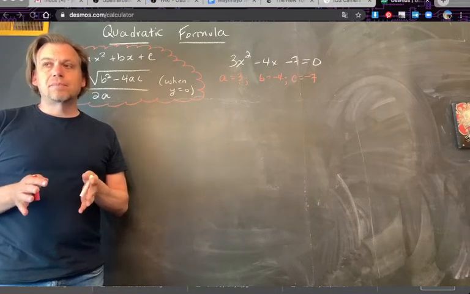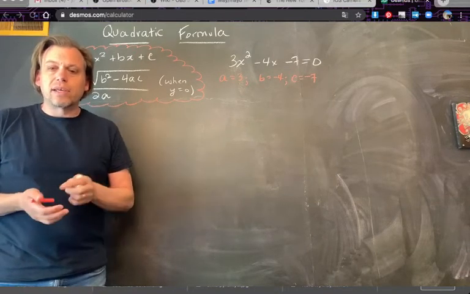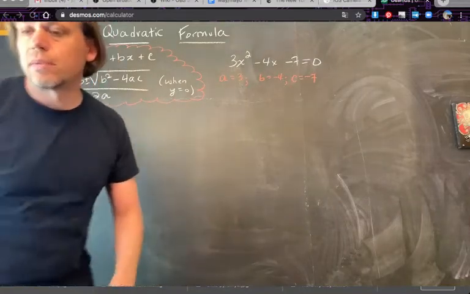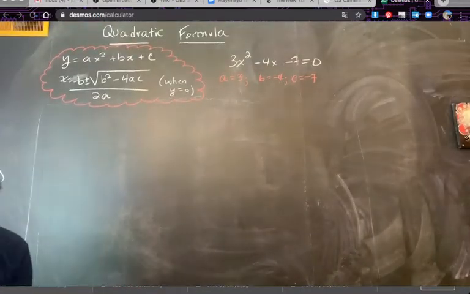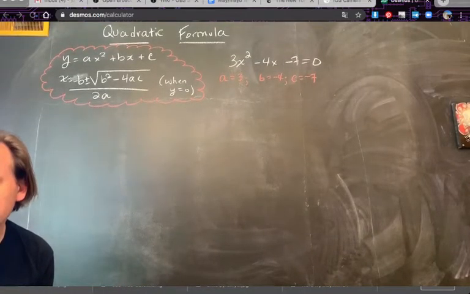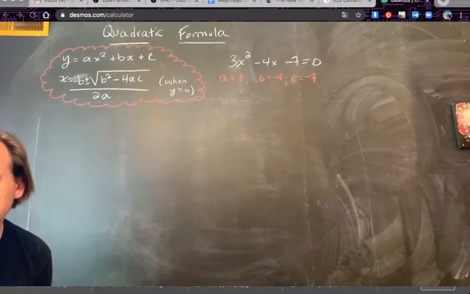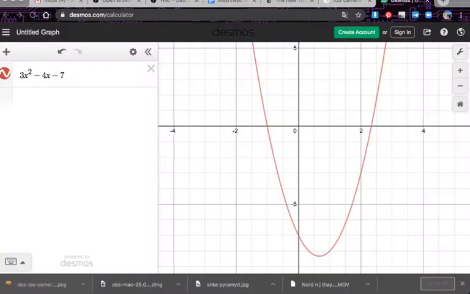In fact, spoiler alert, I can actually give you the answer now. Let's show you something really quick before I go to all the math here. I can actually set this up so that that's negative 4x minus 7.